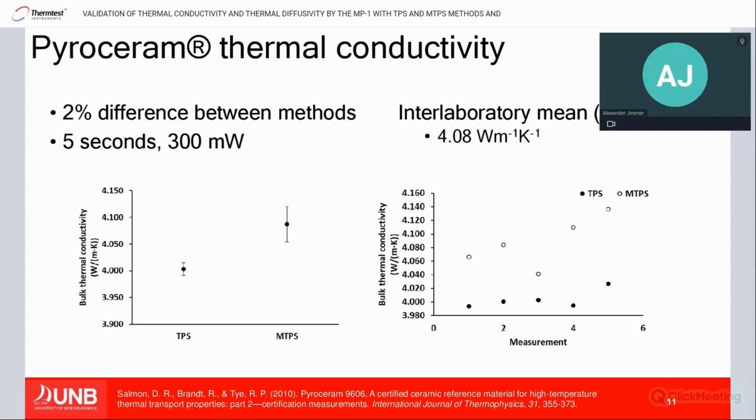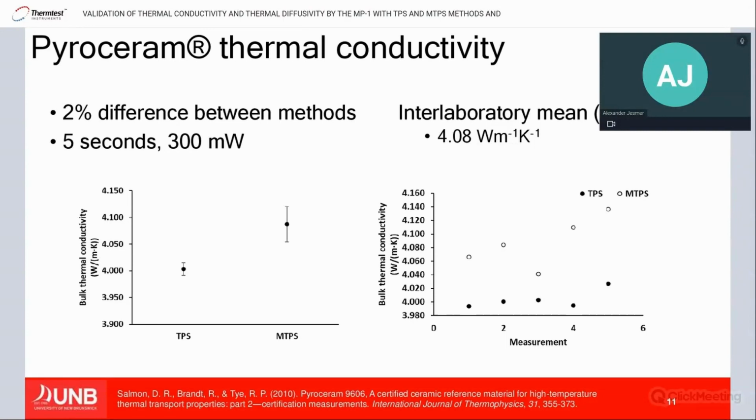So for the measurements themselves, we looked at the thermal conductivity of Pyroceram 9606. These 2 measurements were both done at room temperature, and we found a 2% difference between the methods, which is within the accuracy that we're looking for. Both measurements also overlapped with the interlaboratory mean from the consortium measurement of Pyroceram 9606 that I mentioned from 2010, which is 4.08 watts per meter Kelvin.